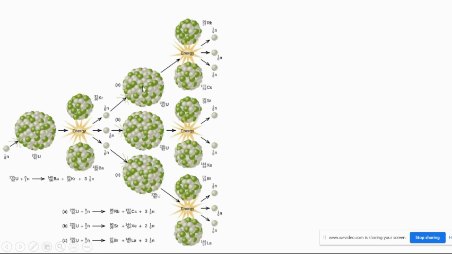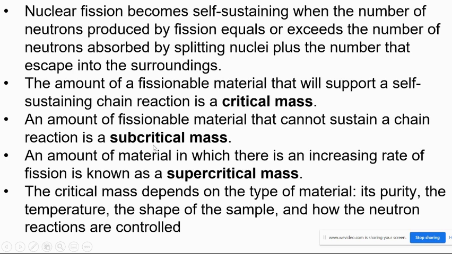So, for example, if we didn't have enough of these in there to be able for these neutrons to find something to hit, that would be called subcritical. So they have to have just enough material in there for them to be able to hit that uranium. If there is an increasing amount of fission, then that's called a supercritical mass.